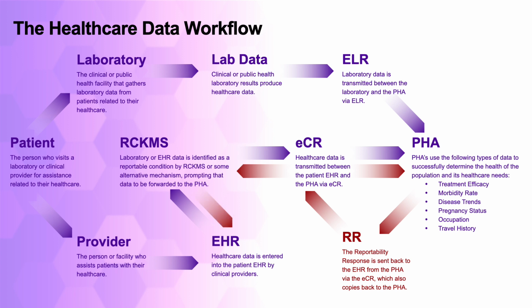This also copies back to the PHA regarding the process. As you can see, managing healthcare data as a PHA is complex and overwhelming without powerful resources to streamline the process. Events like the COVID-19 pandemic vividly underscored the necessity of having all this data available to make timely healthcare decisions in ways tailored to each use case.